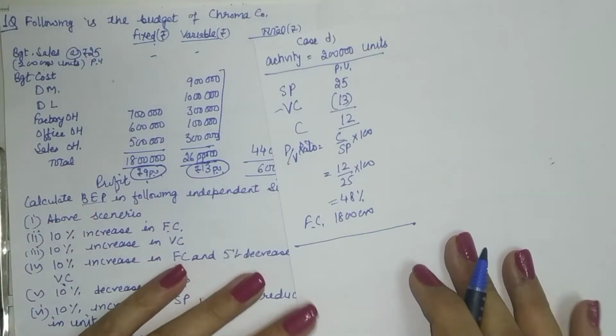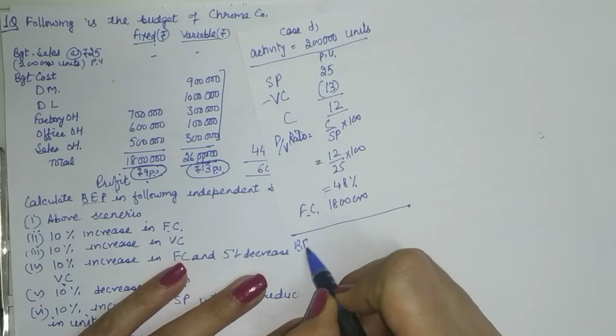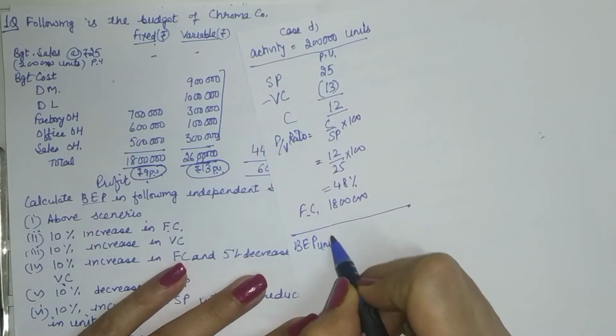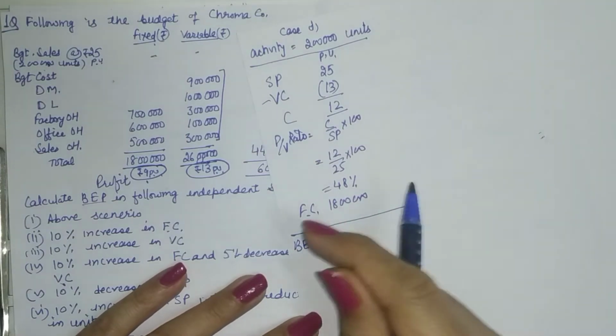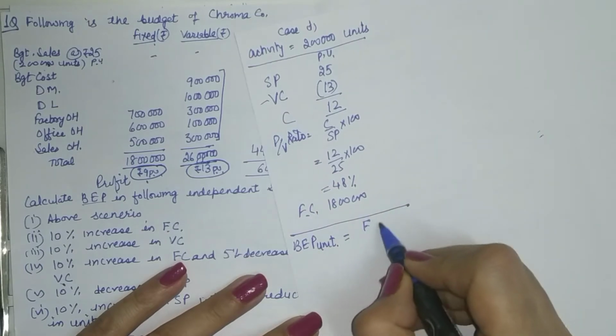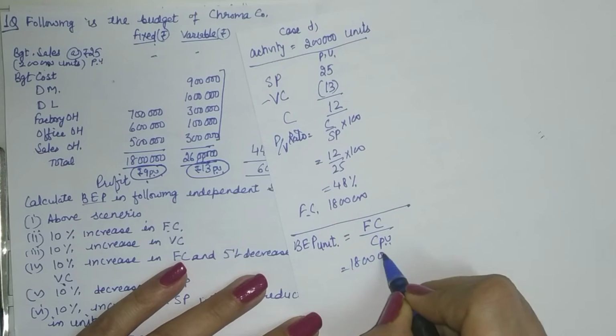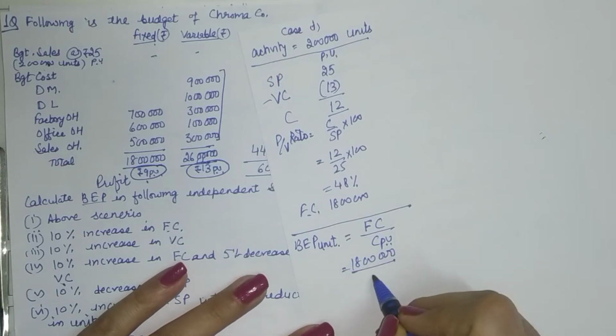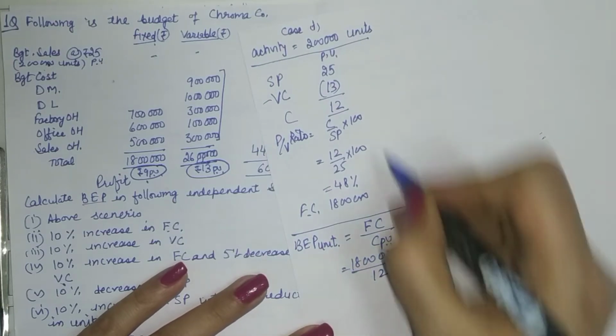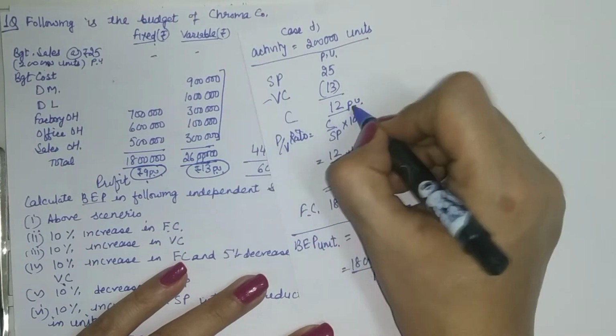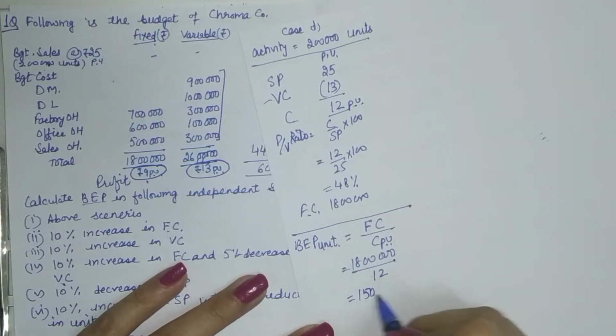So for our own understanding, we are now making calculations for both. So if we are taking up units, in case of units, we take per unit information. So it will be fixed cost upon contribution per unit, that is 18 lakh upon contribution per unit is 12 rupees, right? This is contribution. So that gives you 1,50,000 units.